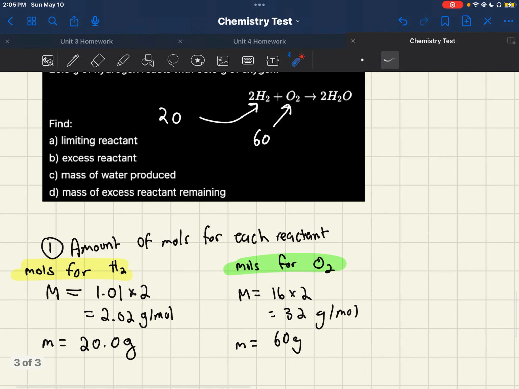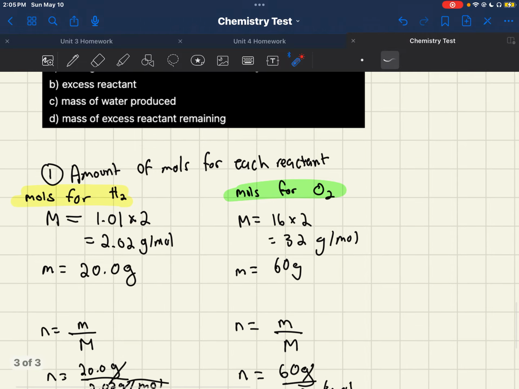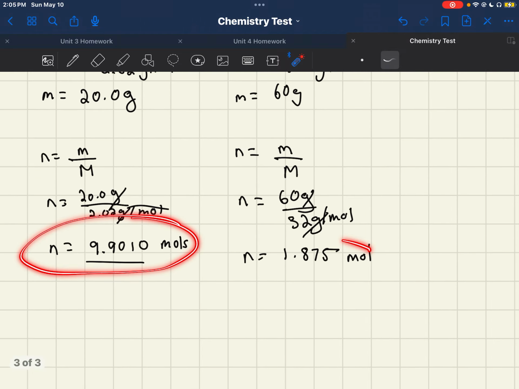Because logically, think about it this way. A limiting reactant, the understanding needs to be solid. A limiting reactant is one of the reactants that runs out first. If it runs out first in a chemical reaction, that means it has to have the lowest amount of content within it. Because how else is it going to run out first? So, by finding the moles, we take these and we compare them.